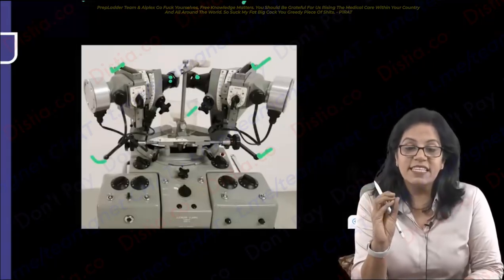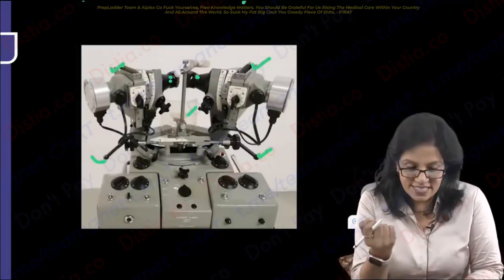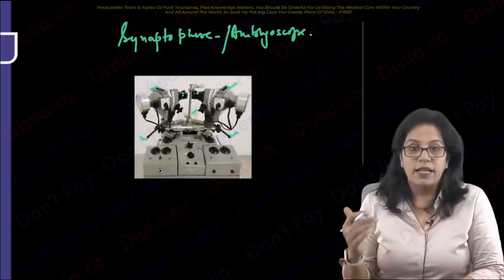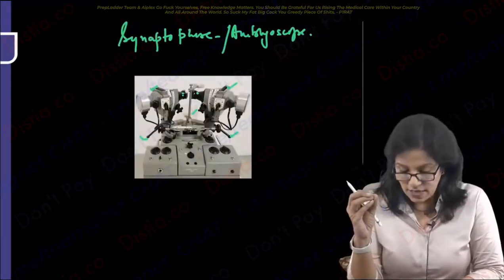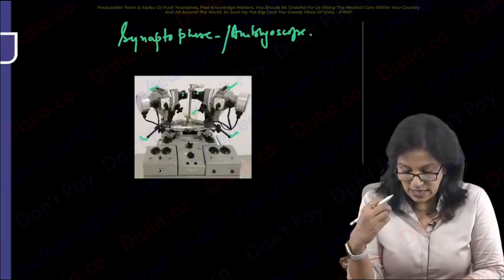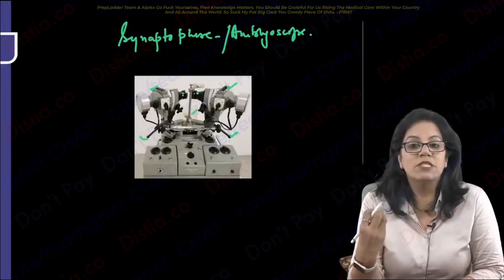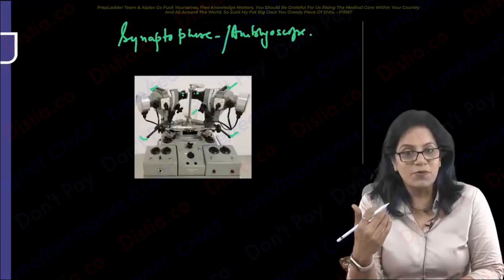And it can also help in convergence exercises. Just remember all this, right? So when you're putting two slides and trying to find out the amount of squint, you can call it the differential image method, where you are creating two images and working on them. So this is synaptophore.